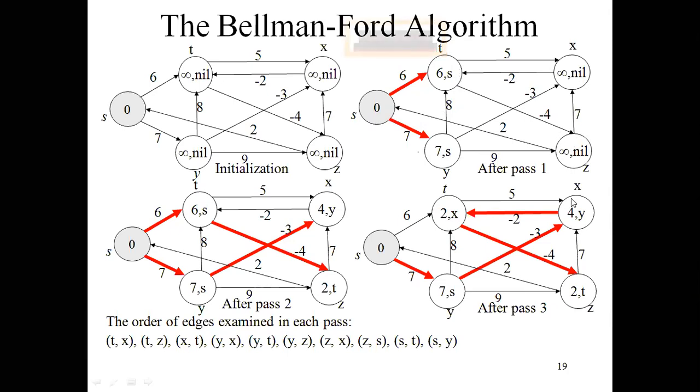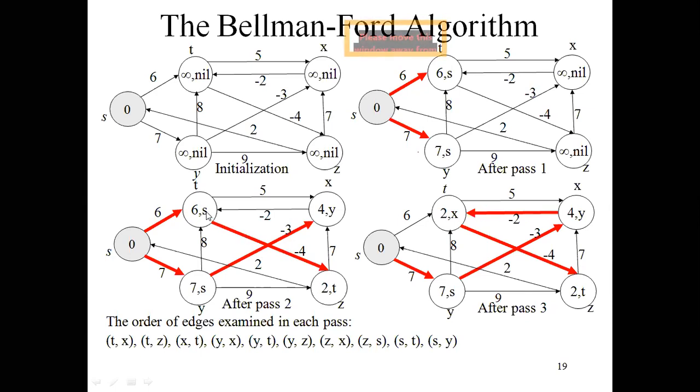Now see pass 2. In pass 2, we have 0 as the source vertex, and 6 and 7 are already updated at T and y. Now from vertex T to vertex z, the value 6 minus 4 is 2, where infinity was there, so change it to 2.